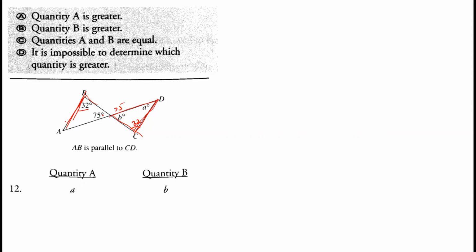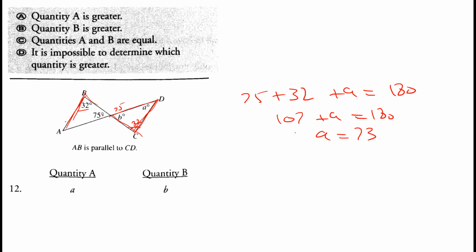So 75 plus 32 is 107, plus A equals 180. So A equals 73 degrees. So A is 73, B is 75, and surely B is more than A. So quantity B is greater than quantity A. Option B would be correct.